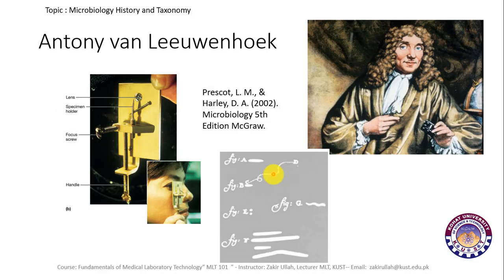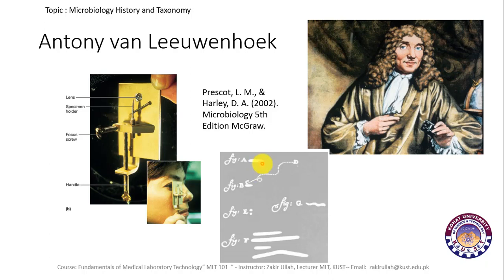So, this is Mr. Leeuwenhoek. This is his microscope: the lens of the microscope, the specimen holder, this is the focus screw which is used for focusing, and this is the handle. These are the first figures he prepared, reporting different types of bacteria and their structures.